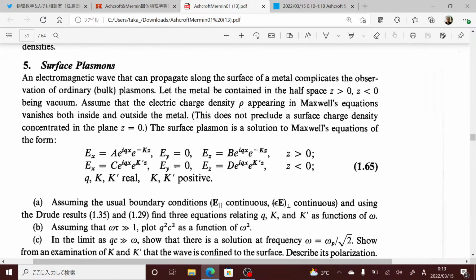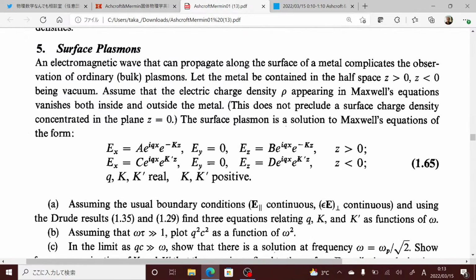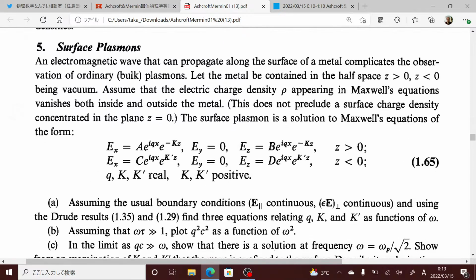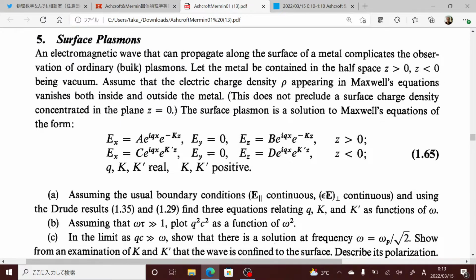What is the surface plasmon? An electromagnetic wave that can propagate along the surface of a metal complicates the observation of ordinary bulk plasmons.